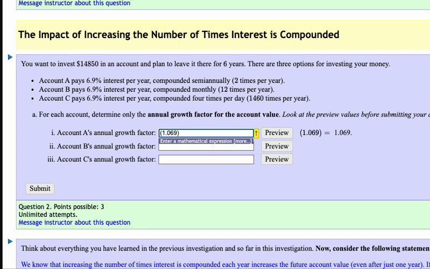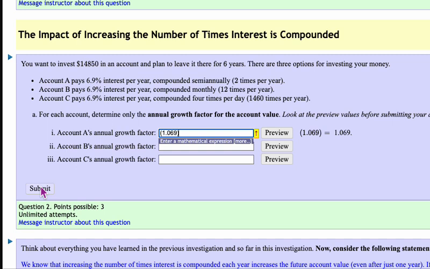Let's see. I'm thinking how we could find that.